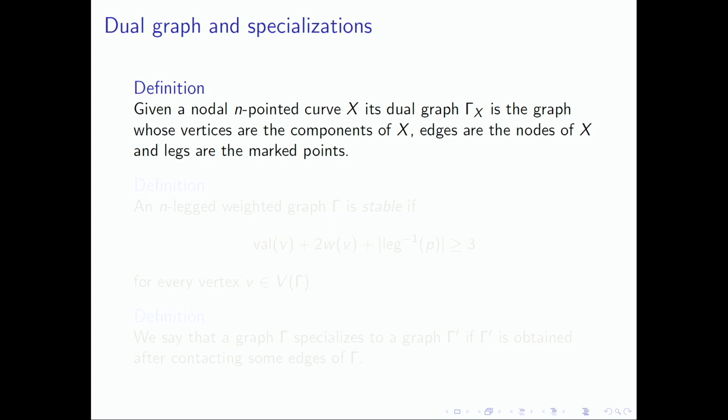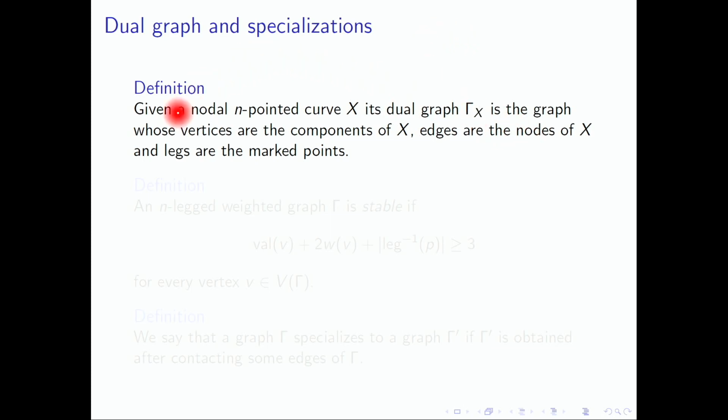So for every given X, an algebraic curve, we have components of this curve, and we can consider the dual graph of this curve. So the dual graph is simply the graph whose vertices are the components of the curve, and the edges are the nodes. And so the rule is that two vertices are connected by an edge if the corresponding components meet at the corresponding node.